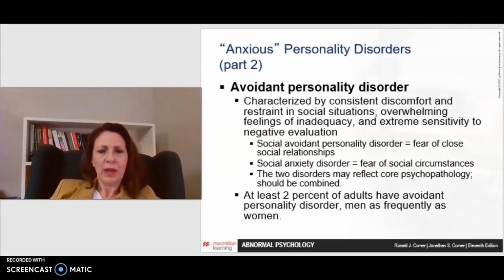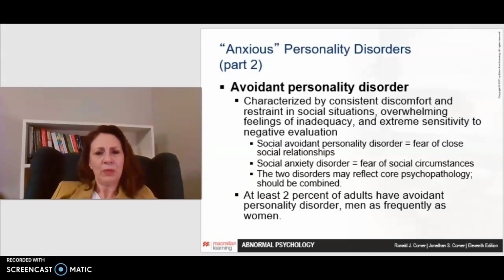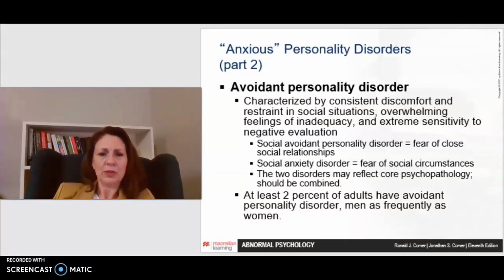In terms of that contrast with social anxiety disorder, those people are more just fearing social circumstances. So the two disorders may reflect a core psychopathology, and there is some thought that they should be combined. At least 2% of adults have avoidant personality disorder.